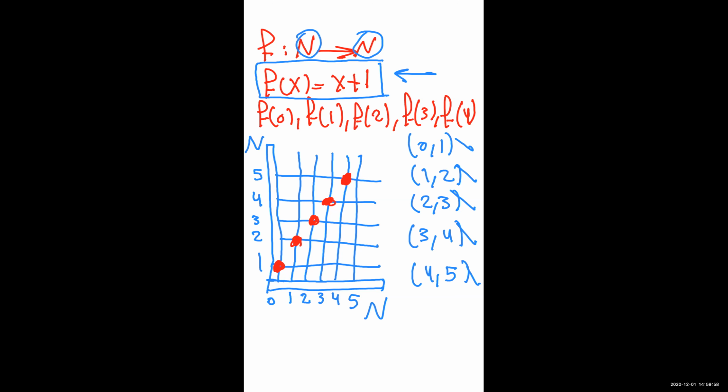Then find the range. Actually, here the function is from N to N, so this means the whole natural numbers. So the range will equal, actually the function is x plus 1.